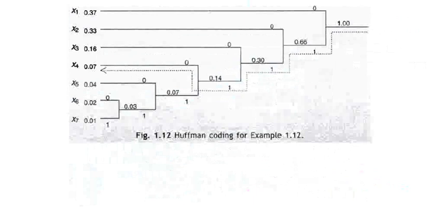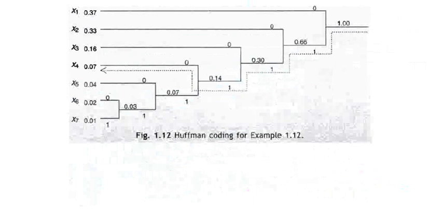Again we combine x4 and this combined probability 0.07. So the sum probability will be 0.14, and here of course both are the same. If they are the same, you can maintain the same flow or you can reverse also, no problem.